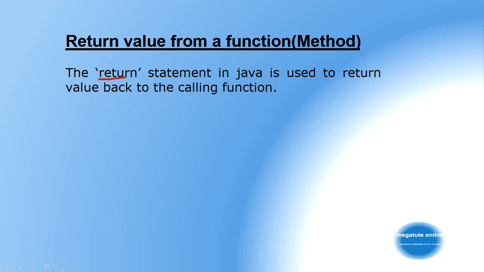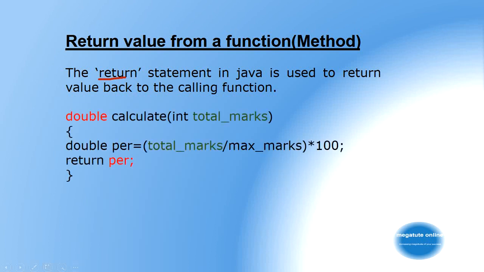Let's look at the example over here. If you see the same function, this is the input which is sent to the function. And if you observe here, last time it was void. In the last example, it was void. Void means nothing, so that function was not going to send anything back. But for this function, the return type is double, so it has to send a double value back.